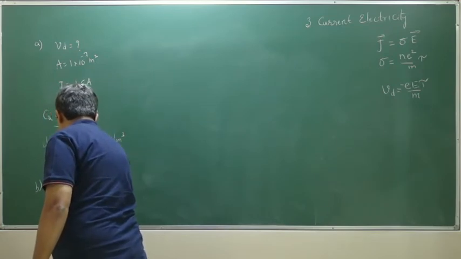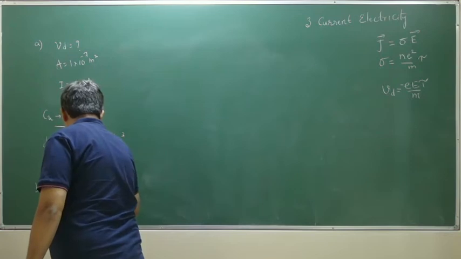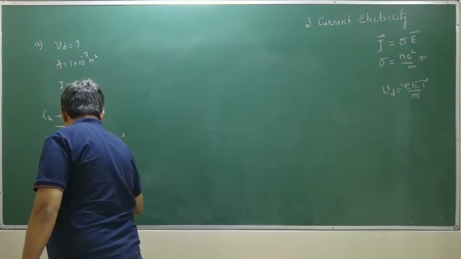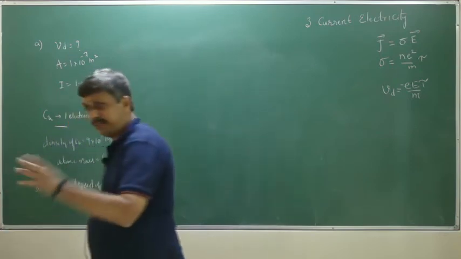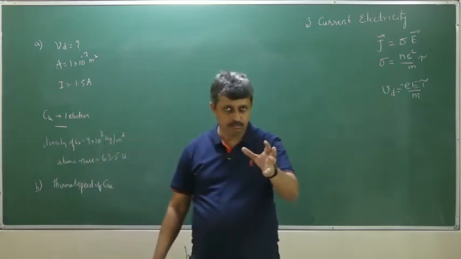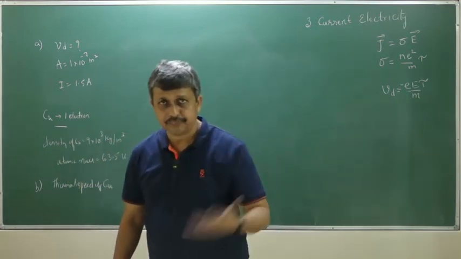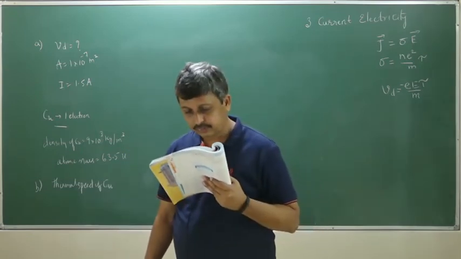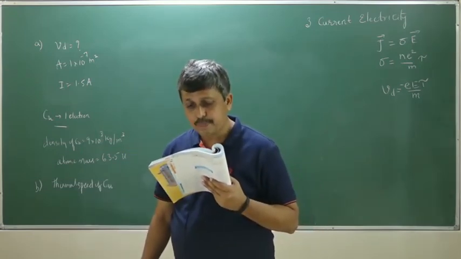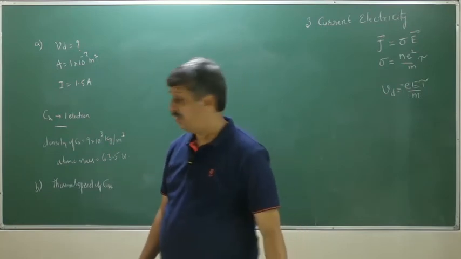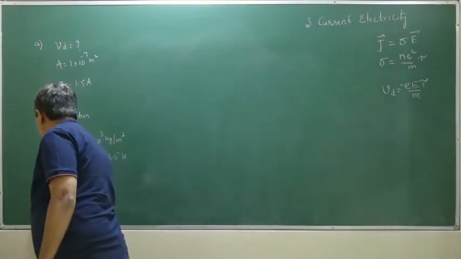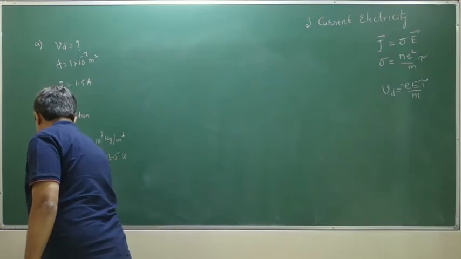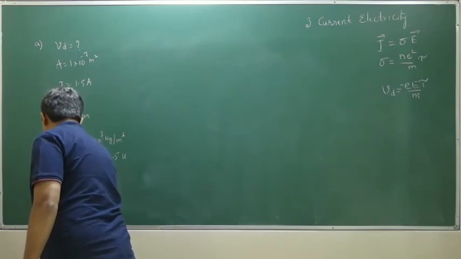This thermal speed means the copper atoms are actually vibrating, and we find the speed with which they are vibrating on average. And thirdly, the speed of propagation of the electric field. What is the speed of the electric field?